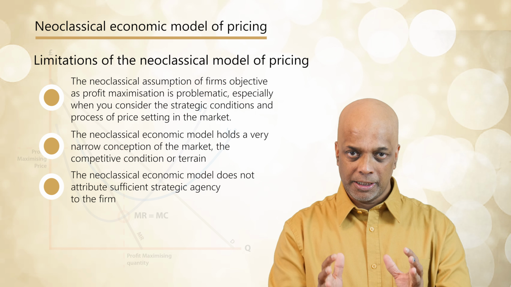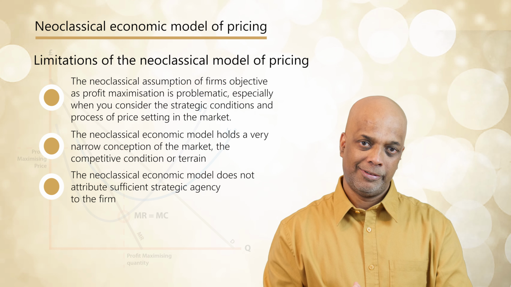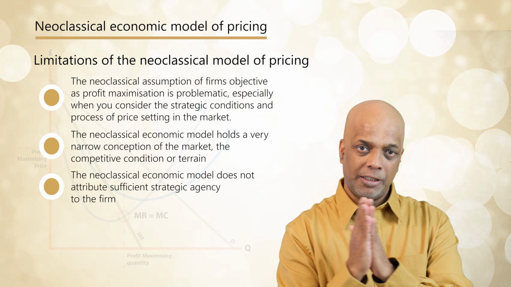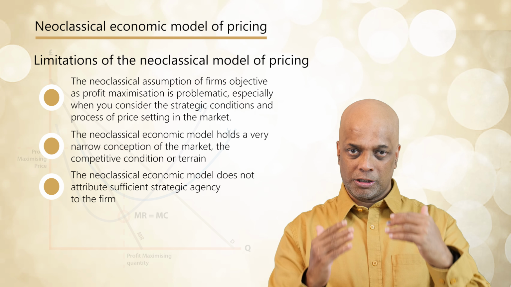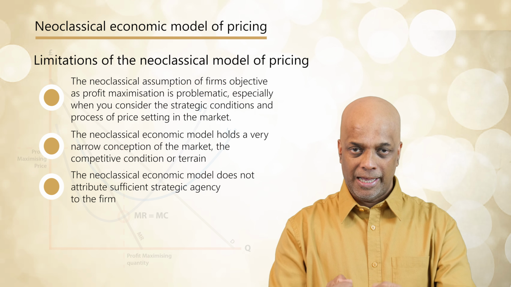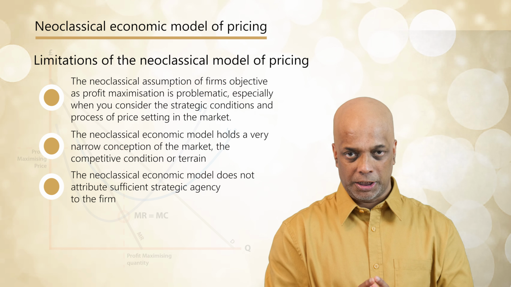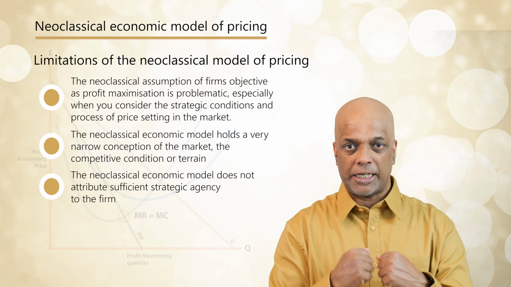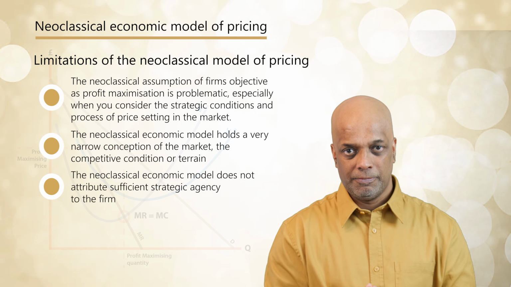At best, a firm can decide the price only on the curve, sacrificing the quantity. So the demand curve is taken as a constraint. Demand curve is a kind of a structural imposition, and the price has to be decided based upon that structural imposition. So there is no strategic capacity, strategic agency for the firm.